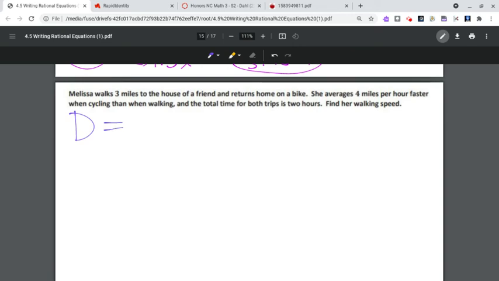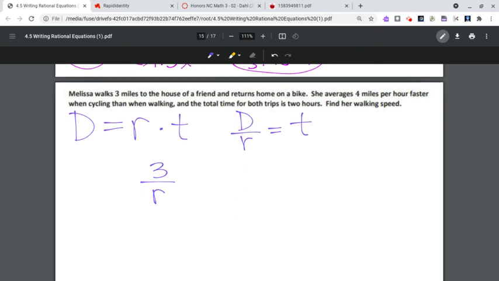Distance equals rate times time, but we're going to transform the equation a little bit and make it d divided by r equals t. Okay, so we know Melissa walks 3 miles to a friend's house at a rate of r. Okay, that's her rate. We don't know it.